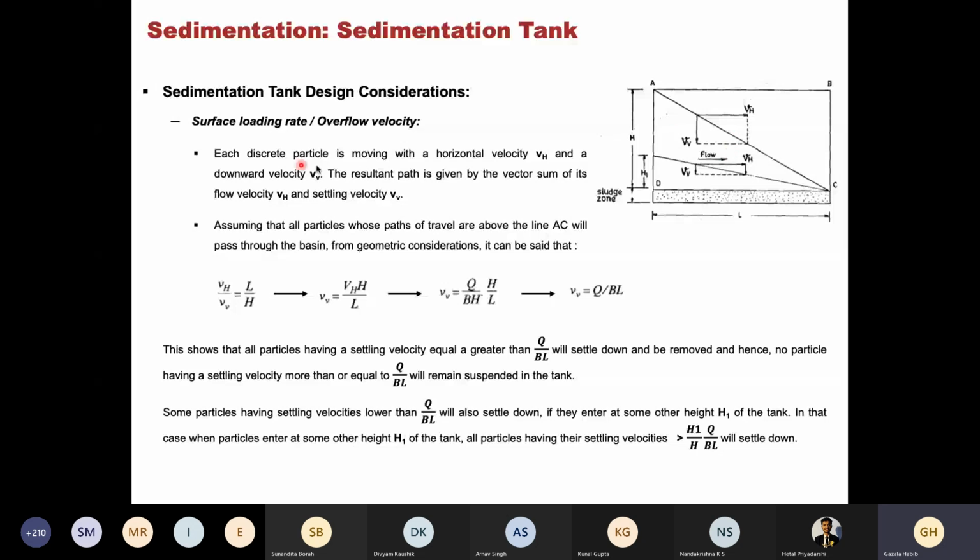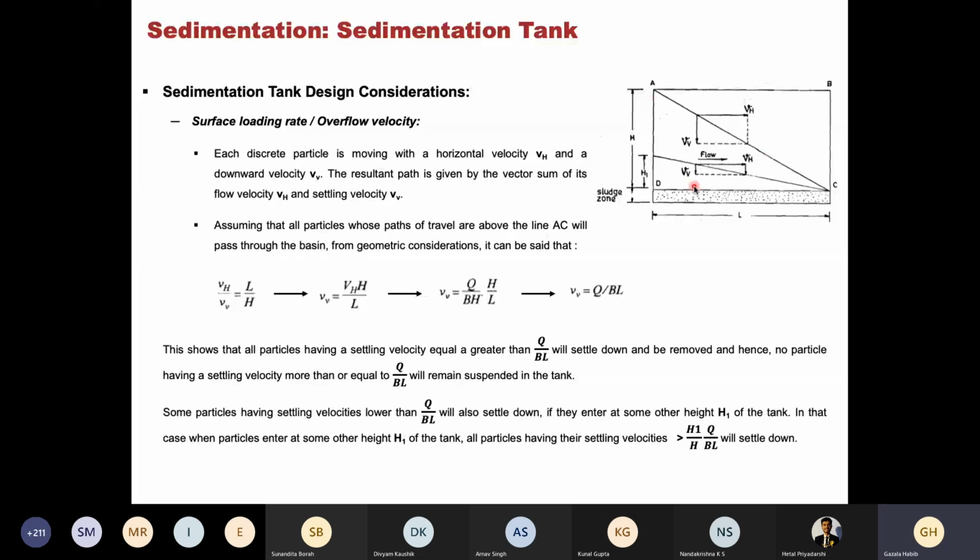Assuming that all particles whose path of travel is above AC will pass through the basin, the particles which are not striking the bottom of the tank will leave the tank, and the particles which are below this line AC will be settled down.